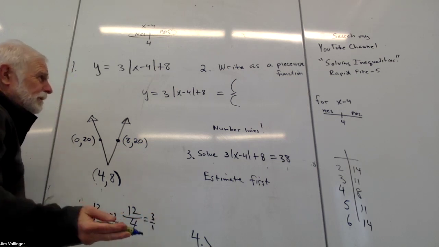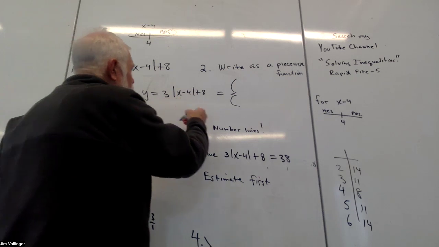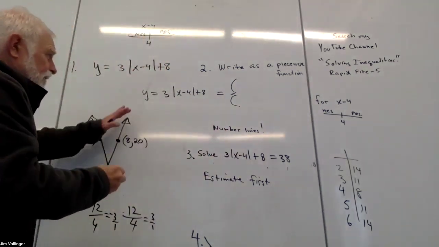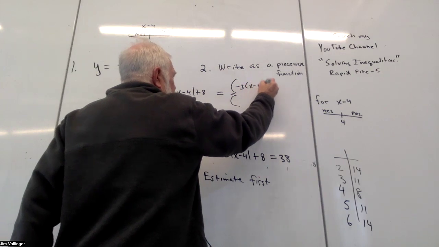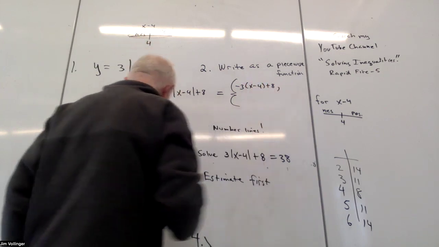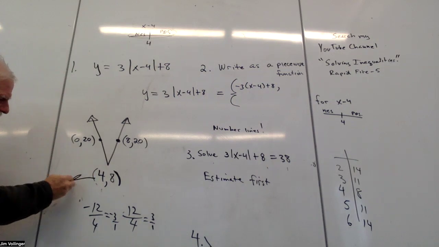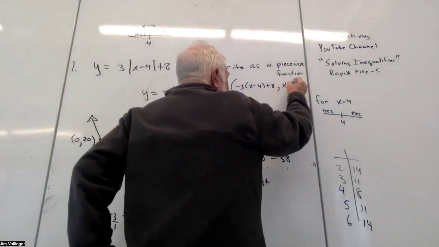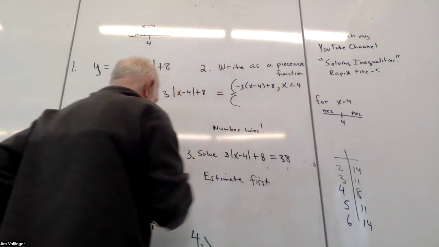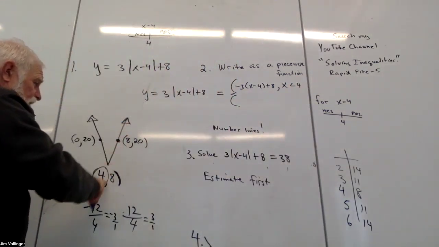Those are the branches. So over here, we can write, knowing that we're decreasing then increasing, minus 3, x minus 4 plus 8. And we're looking at that when we are looking to this side of the number 4, which is when x is less than 4. And I think this is just the equation of a line.